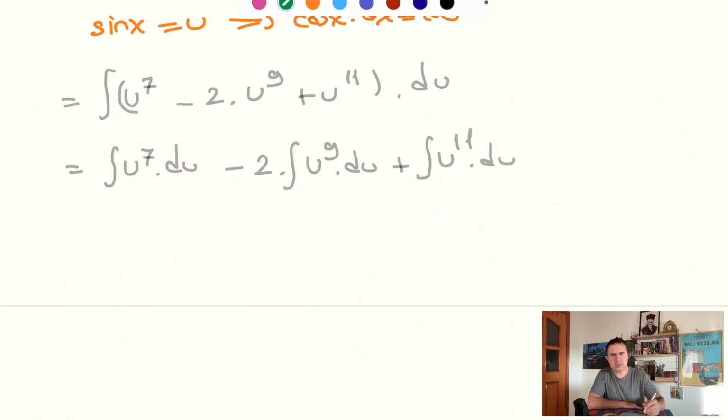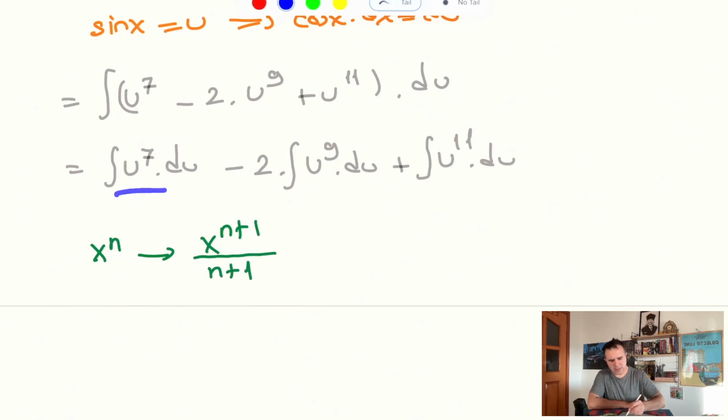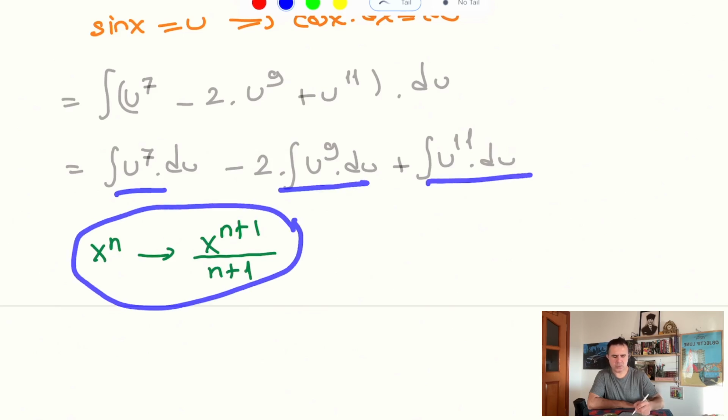When we take the integral of x to the n, we know that we add 1 to the exponent and divide by the new exponent. And here in all these integrals we will use this rule.